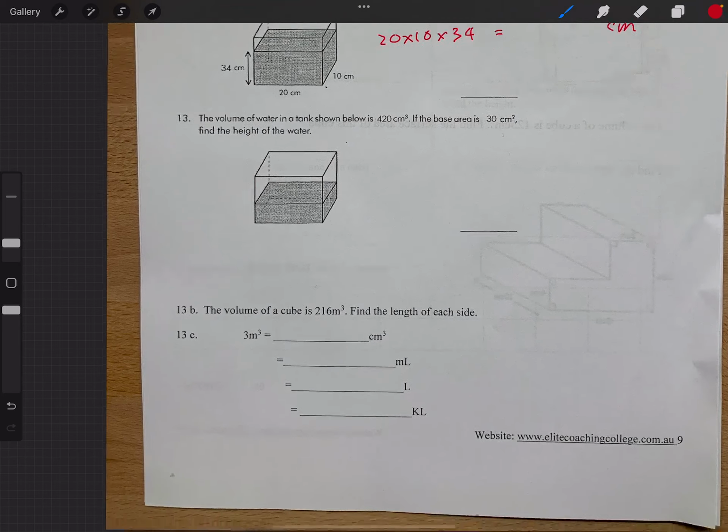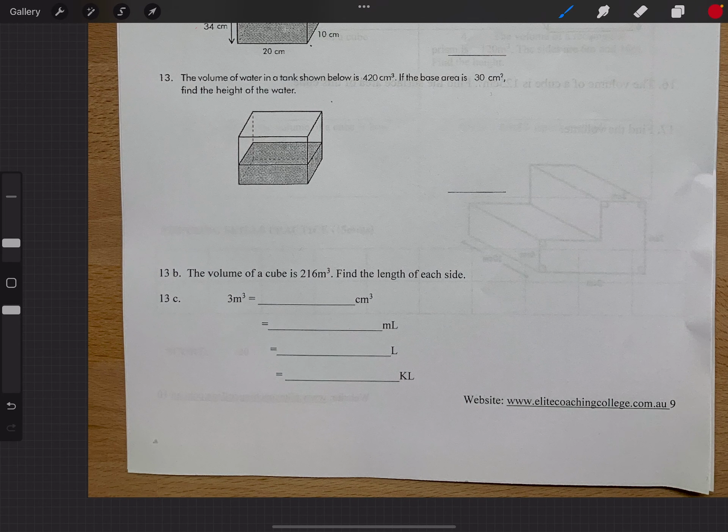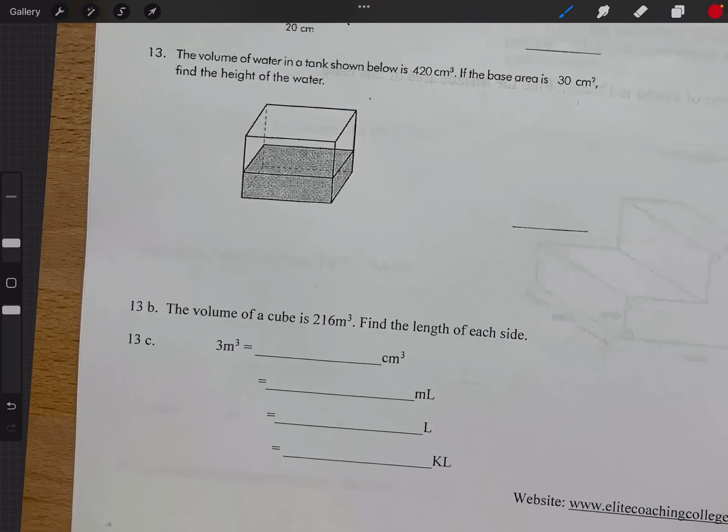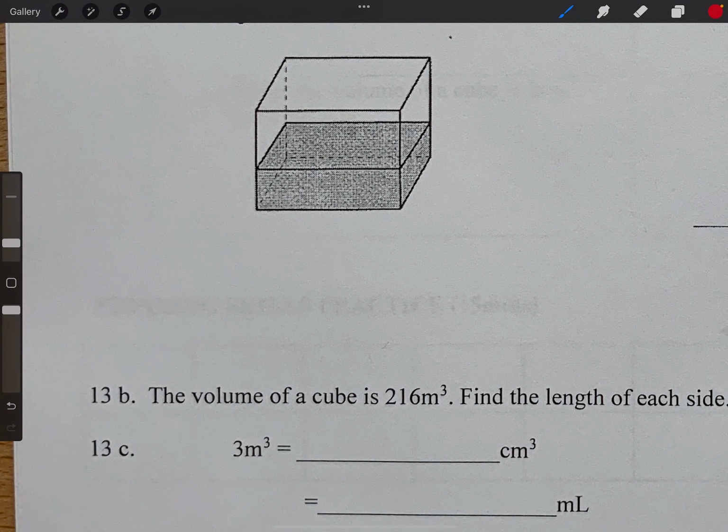Alright, next one. The volume of water in a tank shown below is 420 centimeters cube. If the base area is 30 centimeters squared, find the height of the water. So what it means by the base area is this.